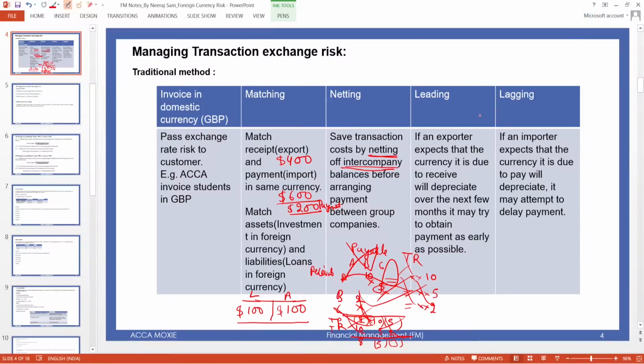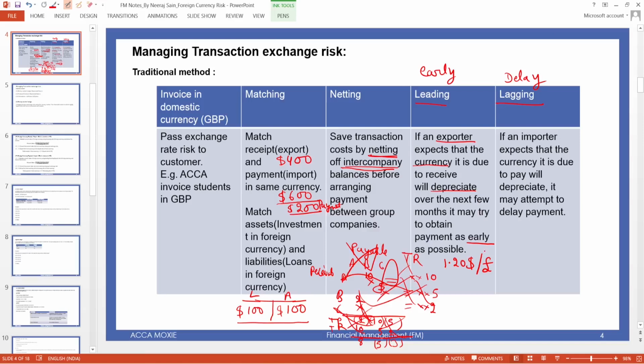Okay, next is leading. Leading means early and lagging means delay. If you are an exporter and you are expecting that the foreign currency you are going to receive will depreciate in the future, what you will do, you will try to receive that as early as possible. For example, right now 1 pound can get $1.20.